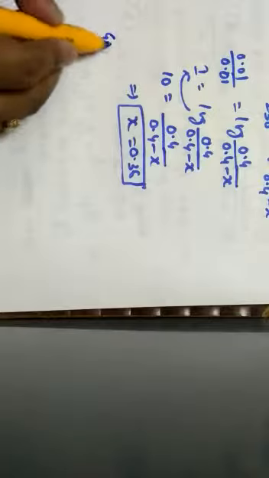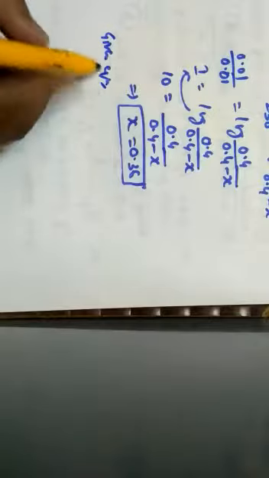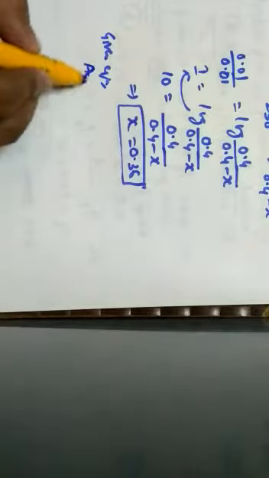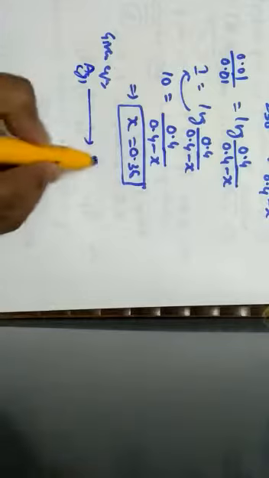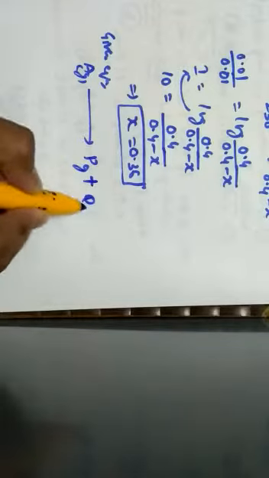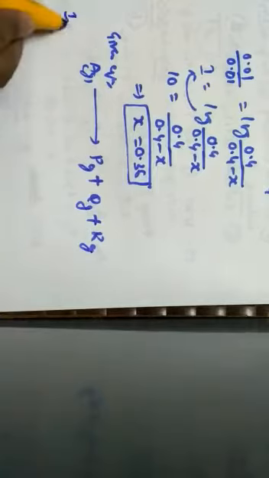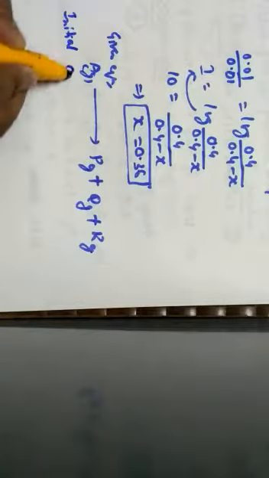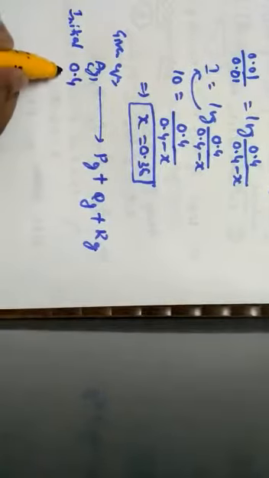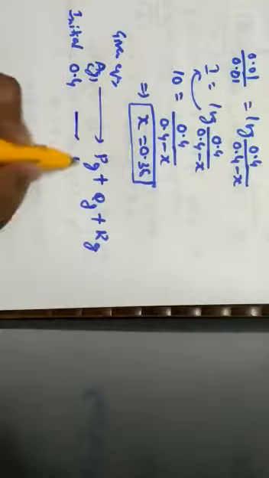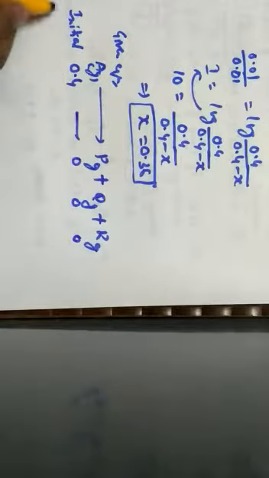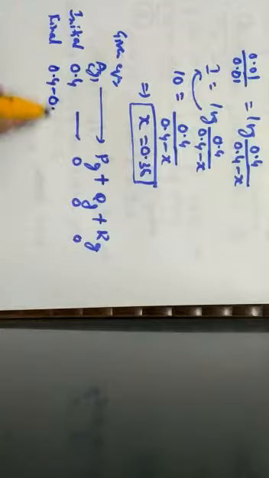So according to the given equation, the given equation is what? A, which is existing in gaseous phase, that will give rise to P in gaseous phase, Q in gaseous phase, as well as R in gaseous phase. So when I go with the initial pressure, it is 0.4, and with reference to products it will be 0. So when it comes to the final one, that is 0.4 minus the value of X, it is 0.36.